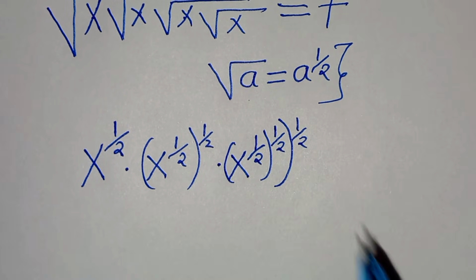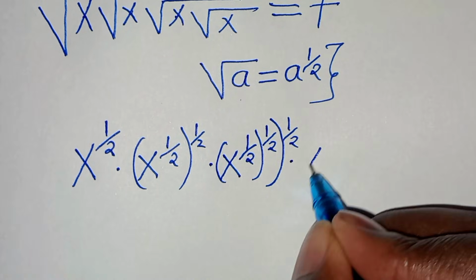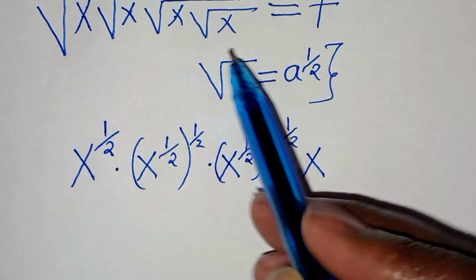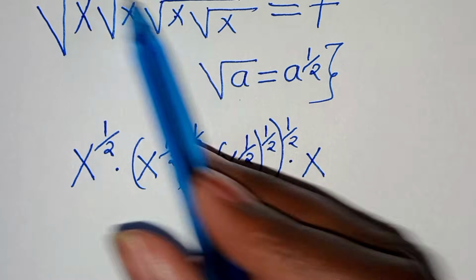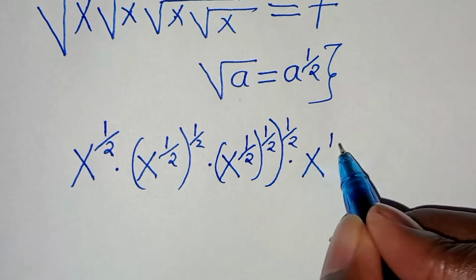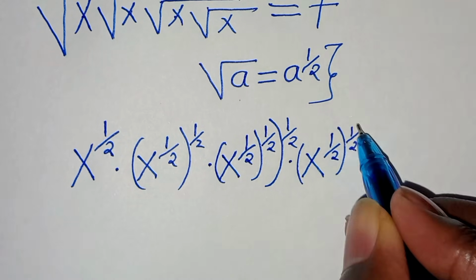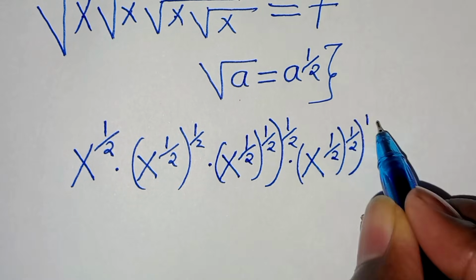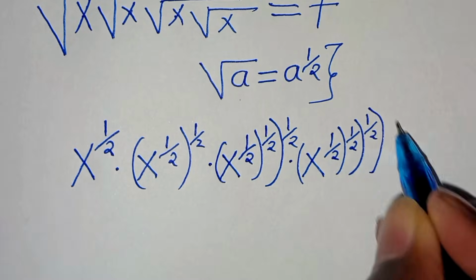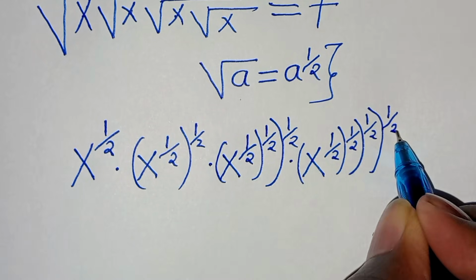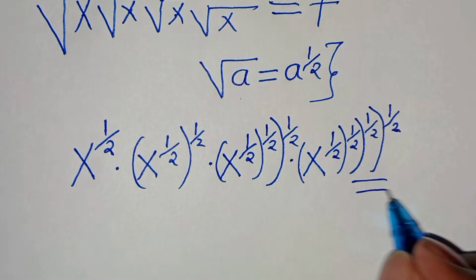Now again, the last x here is under 4 square root signs, so this is x raised to the power of a half, raised to the power of a half, raised to the power of a half, and then raised to the power of a half, and this is equal to 7.